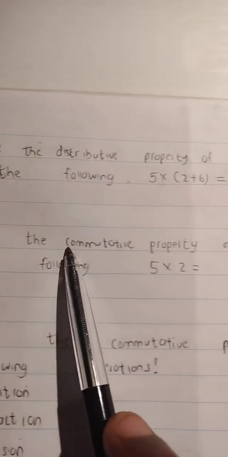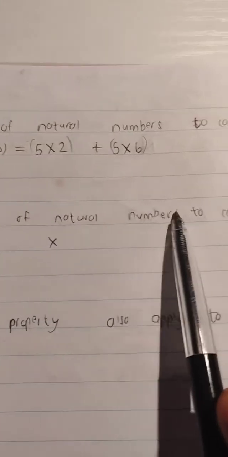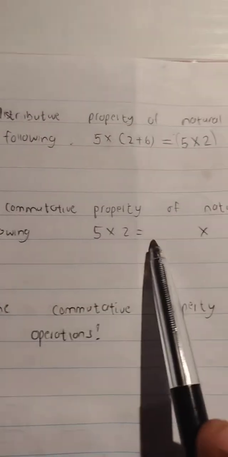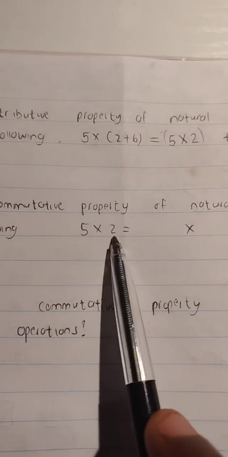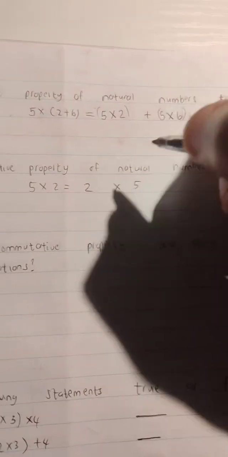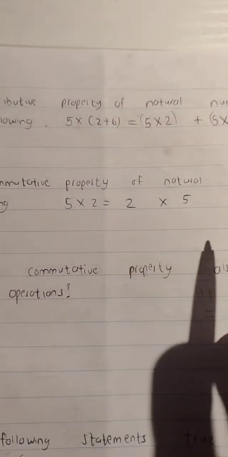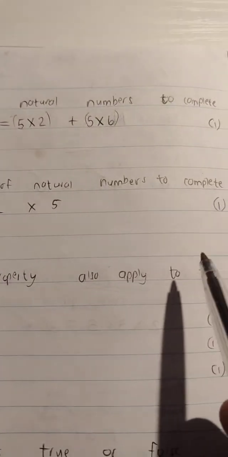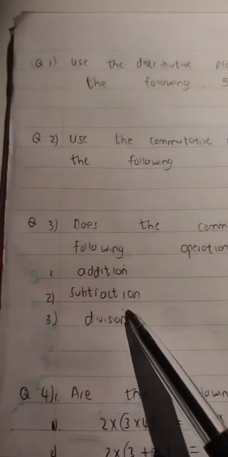So for instance, to complete the following, we say 5 times 2 is equal to 2 times 5. Simple, straightforward, just like that.